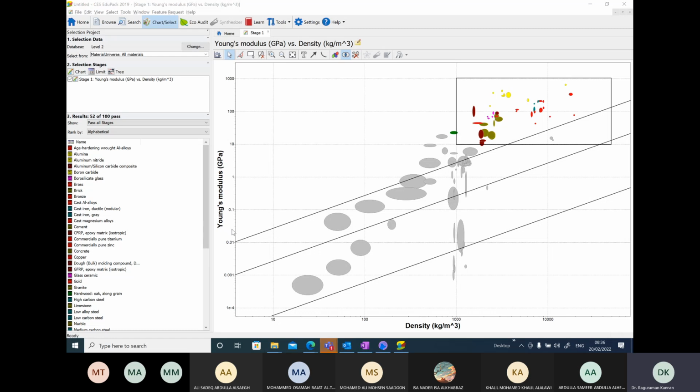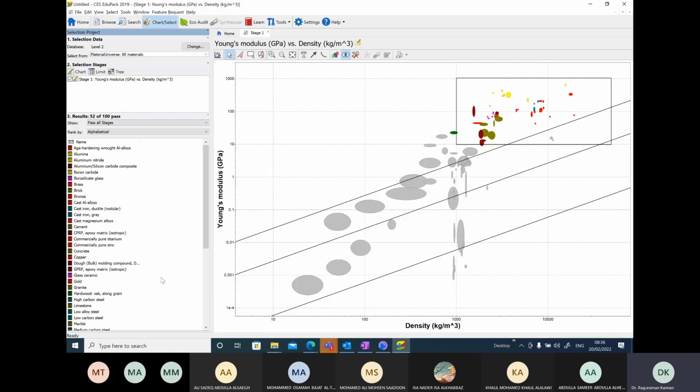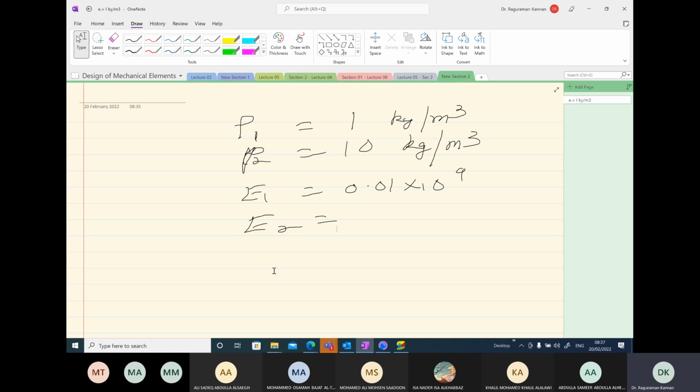And here let us see, 0.01 gigapascal. So this looks like E1 is 0.01 times 10 to the power 9 pascals. And E2 value, let's go here, approximately 0.0281 gigapascal.